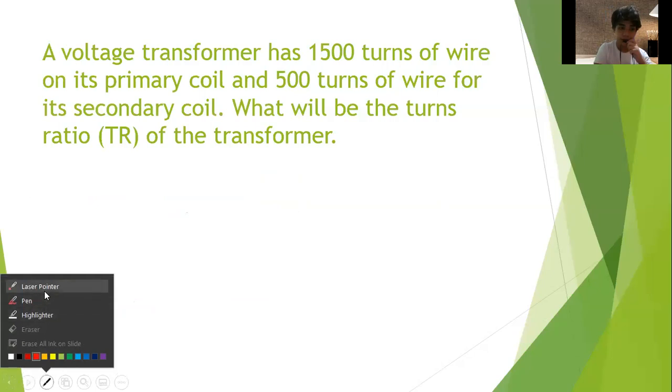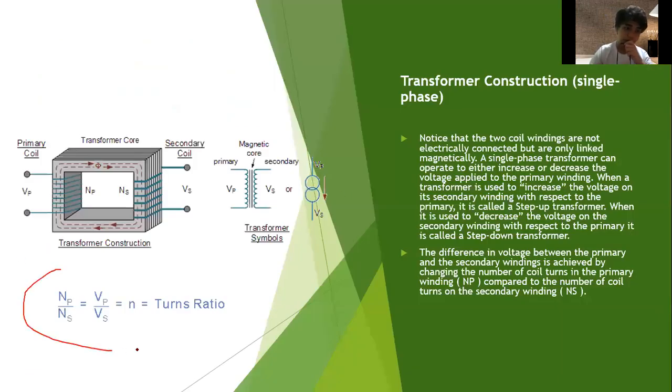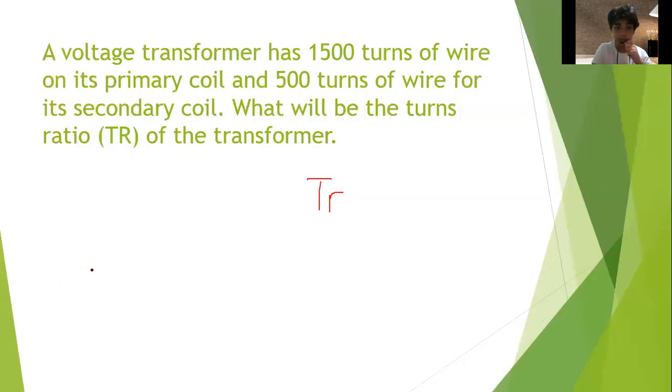Let me just grab my pen and let's solve this. First, you have to know the equation for the turns ratio. The turns ratio, TR, is equal to NP over NS, if the given values are turns.